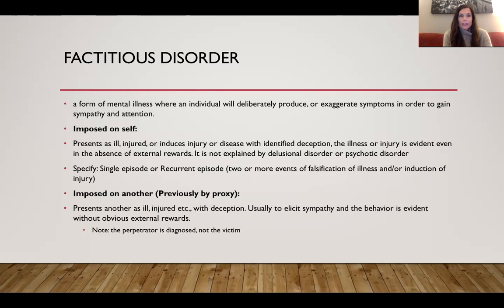And then you want to specify if it's a single episode or recurrent episodes, two or more events of falsification of illness or induction of injury. So some people will actually induce an illness or injury just to gain sympathy or attention. And then you want to specify if it's imposed on another or by proxy. So typically a person would bring in their child or maybe a dependent adult, and they would present them as ill, injured, etc. And that's usually to elicit sympathy, and the behavior is evident without obvious external rewards.